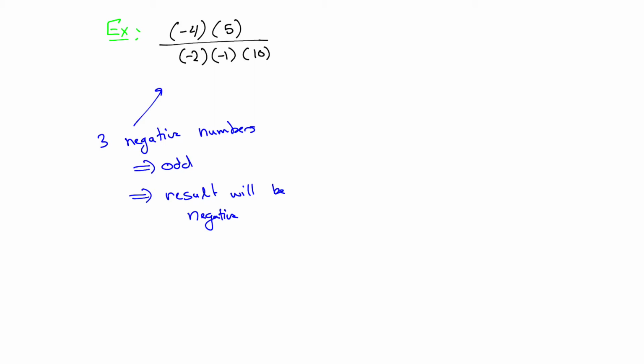So, -4 times +5, that's a negative times a positive, so the result on top would be a negative. That'll be a -20, because 4 times 5 is 20. In the denominator, I'm going to do this all in one step. -2 times -1, that's a negative times a negative, which would be a positive. So that would be +2 times +10.